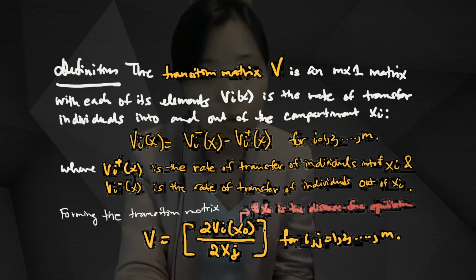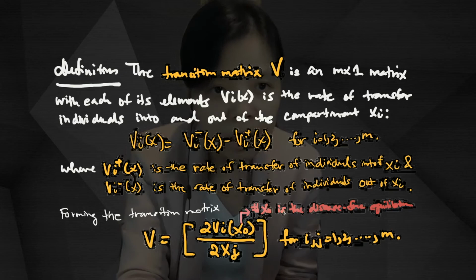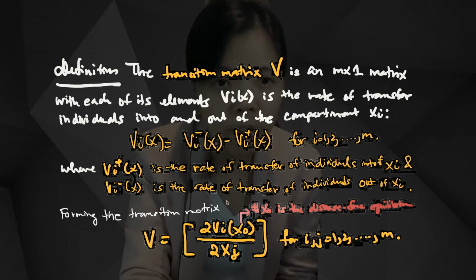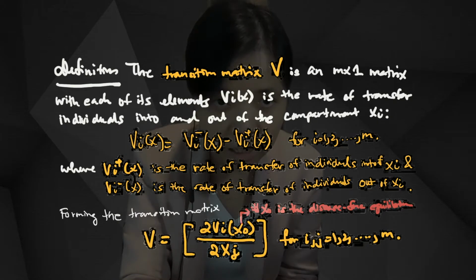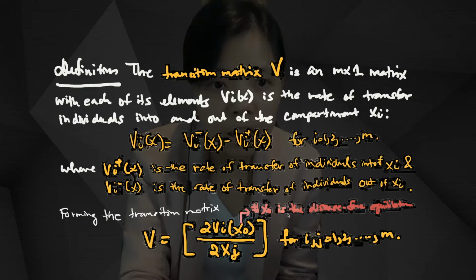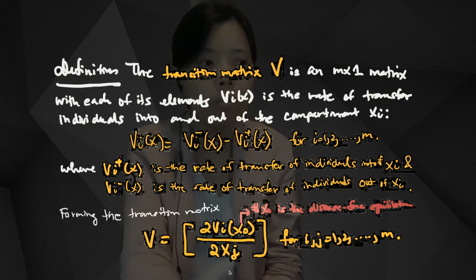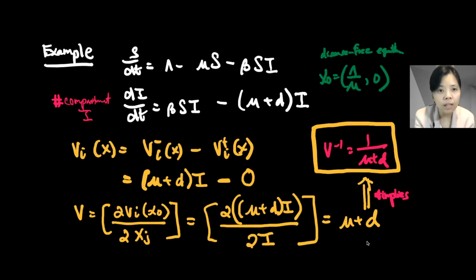And similar to how we compute for F, V is equivalent to the partial derivative of V sub I at the given disease-free equilibrium point with respect to each compartment X sub J. So if we follow the computation of the formula, we will arrive at mu plus d for V, and V inverse will be 1 over mu plus d at the given disease-free equilibrium point X sub 0.